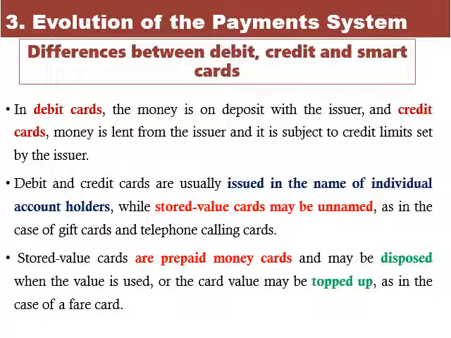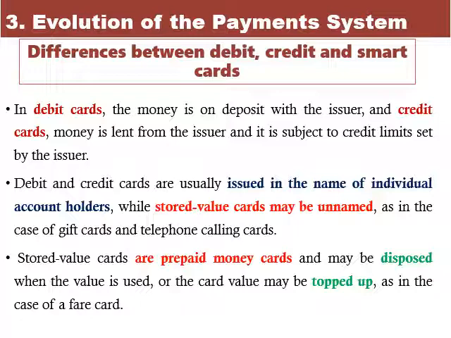Because many of you may mix between debit, credit, and smart cards, let's quickly compare between them. The first difference is that in debit cards, the money is on deposit with the issuer of this card, which means that the cardholder owns these funds.